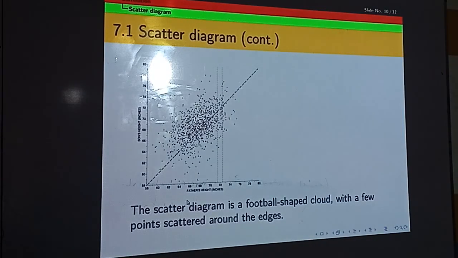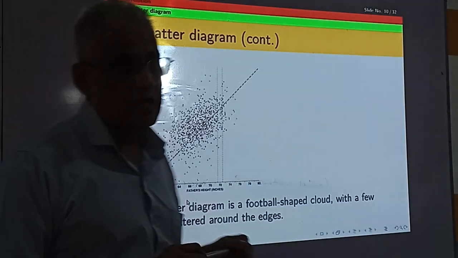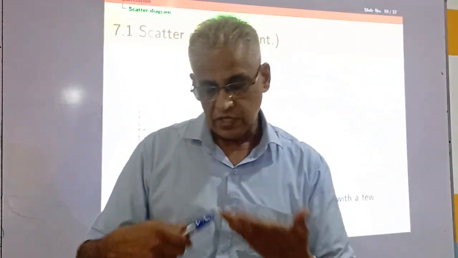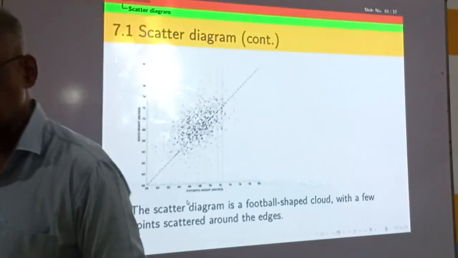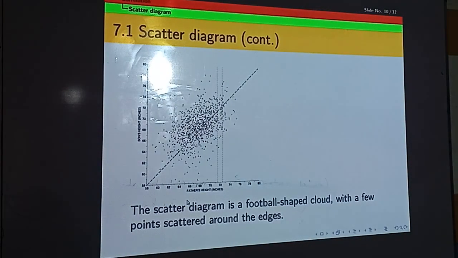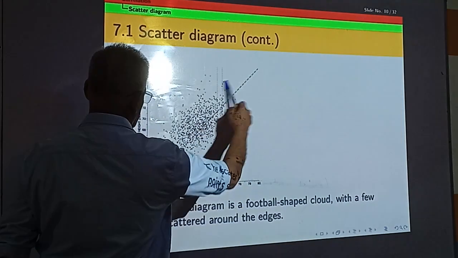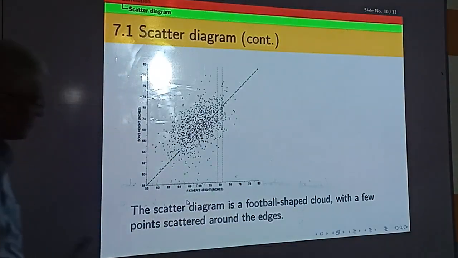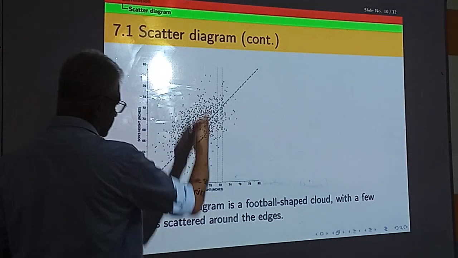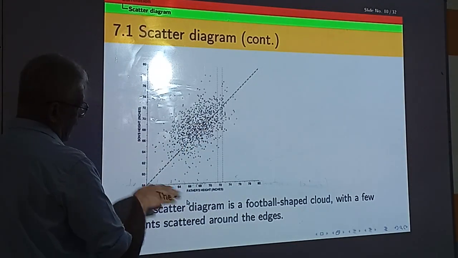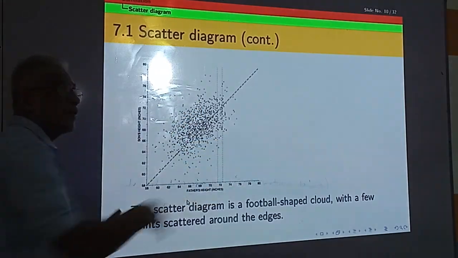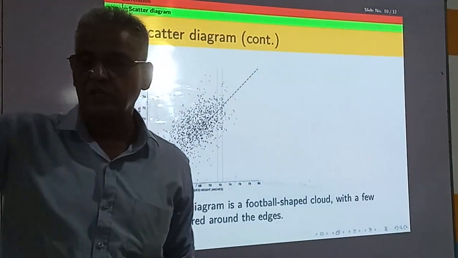So when you have two-dimensional data like this, if you want to study the relationship, I think it is very important to look at the scatter diagram first. Here we can see that this kind of shape is called a football shape. In the middle, you can actually calculate the mean of x values. You have several x values and several y values.